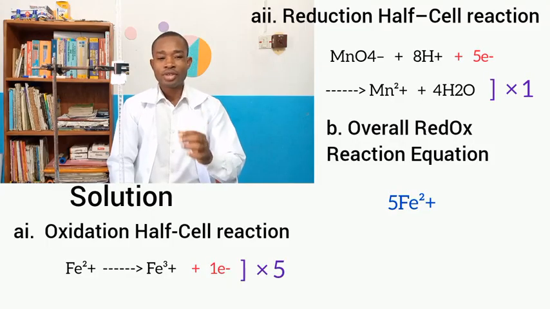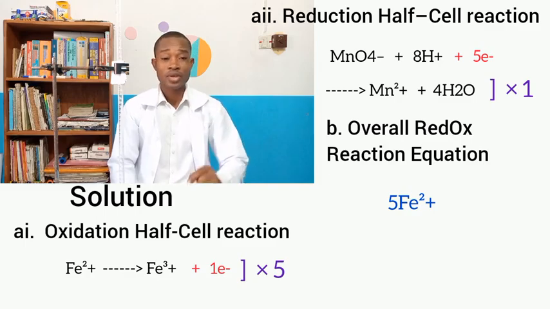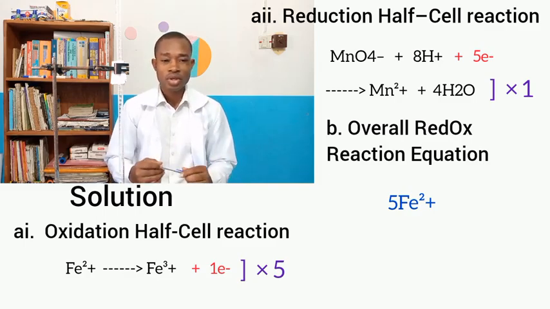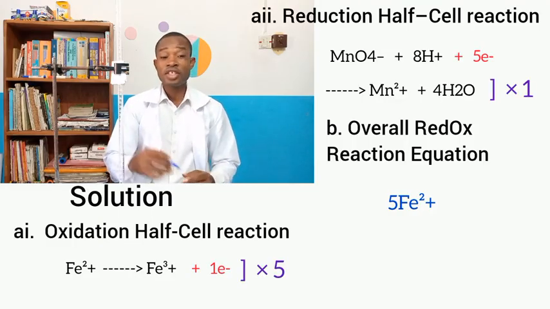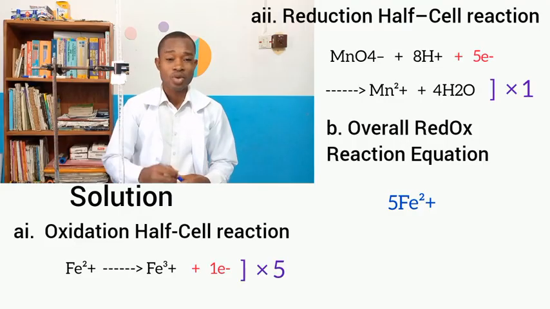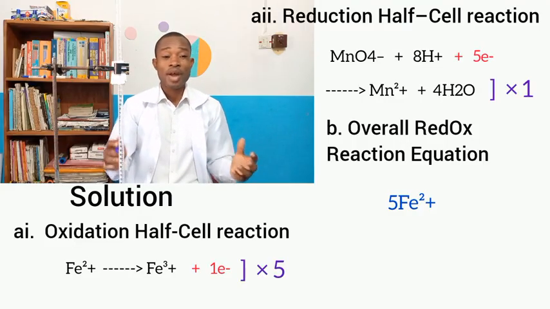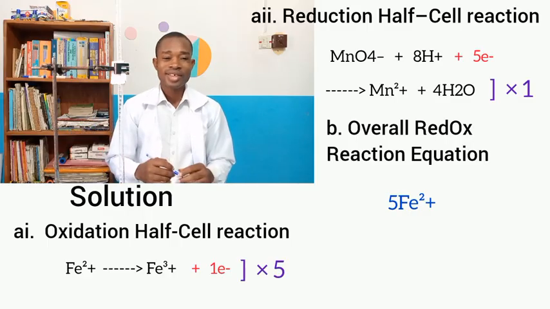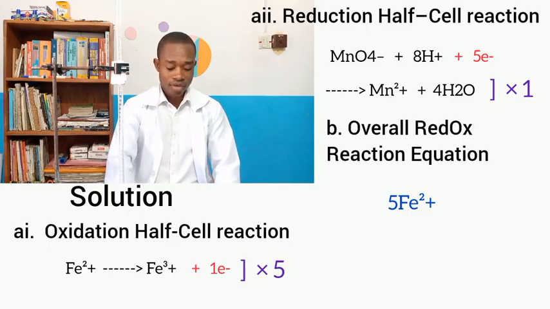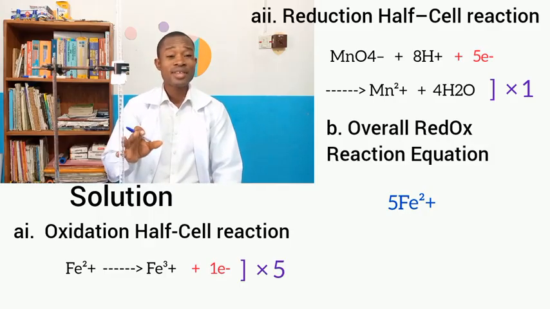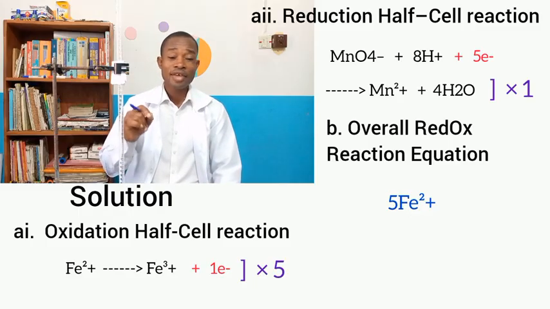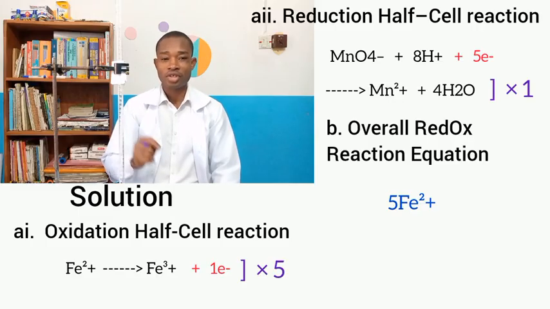So I have picked the reactant part of the oxidation half cell reaction process. I will now move on to the reactant part of the reduction half cell reaction process and pick the reactant part also. Now remember that the reduction reaction, we said earlier that each species there is going to be multiplied by 1. If you're multiplying something by 1, there is no change. Are you following, right? So moving to the reactant part of our reduction half cell reaction equation, what we have there is MnO4 minus plus 8 hydrogen ion plus 5 electrons.